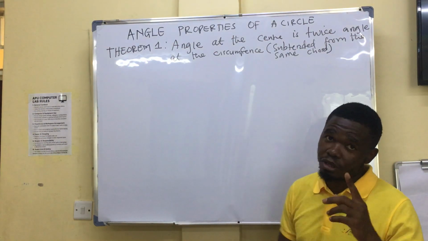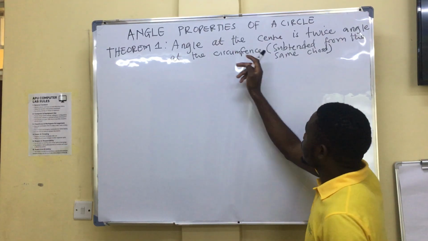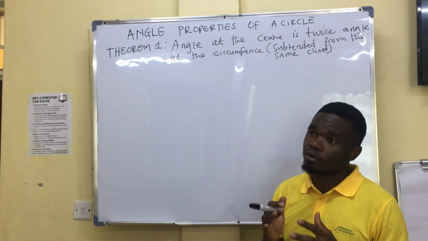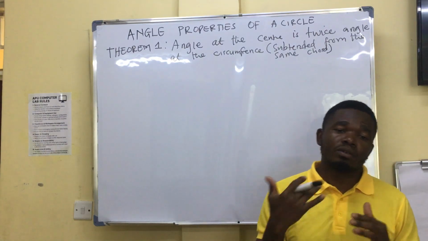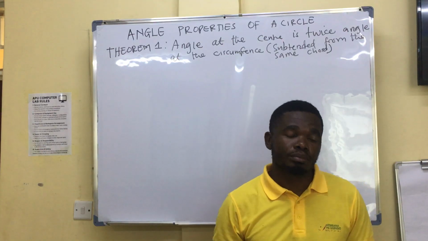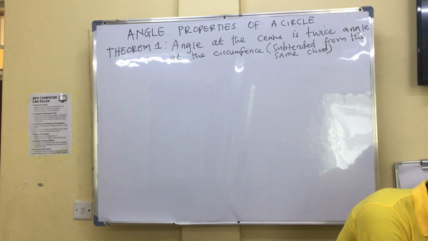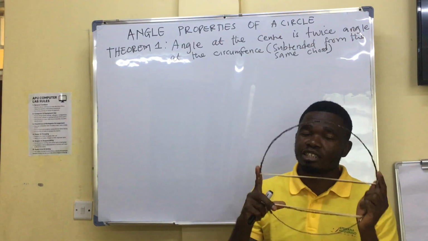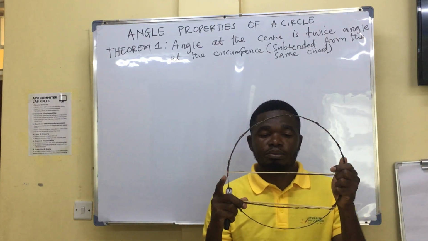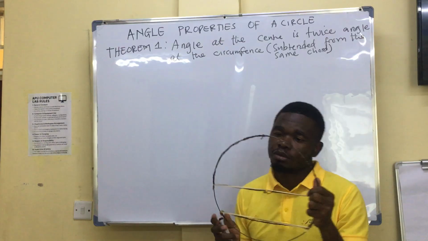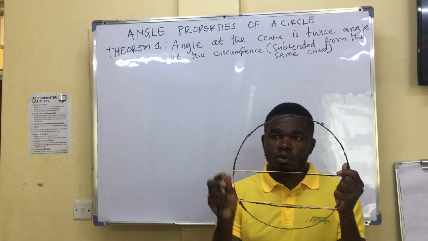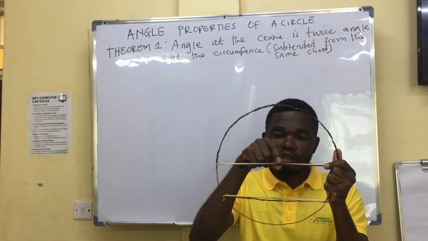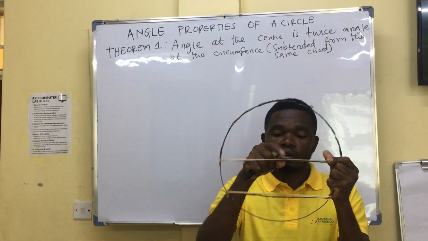The first theorem is that the angle at the center is twice the angle at the circumference if those angles are subtended from the same chord. I have this teaching resource. About the first theorem, okay, this is a circle, this one is the diameter, and this is the center of the circle.